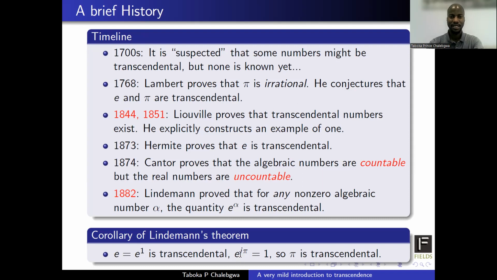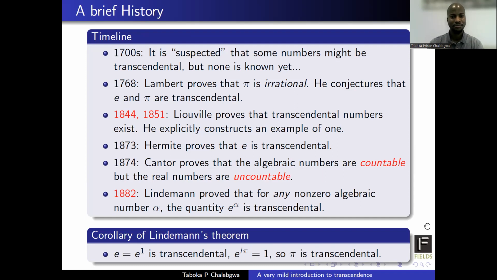Given that particular phrasing of the theorem, we know that one of the most famous equations, e to the pi i equals 1. So 1 is an algebraic number. What this is telling us immediately is that i times pi is a transcendental number. Now i is an algebraic number, so that tells us that pi is a transcendental number. Multiplying an algebraic number and a transcendental number always produces a transcendental number. So that was a bit of a circle of ideas, but I hope it makes sense.